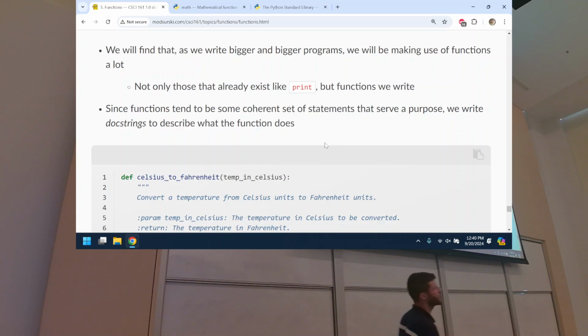But not only do you describe what the function does, you describe what the inputs and outputs are. Sometimes this feels rather silly because it is pretty straightforward, but often our functions get complex enough that they need sufficient description. And you'll see examples of this in assignment 1. There are things that have docstrings in there already.